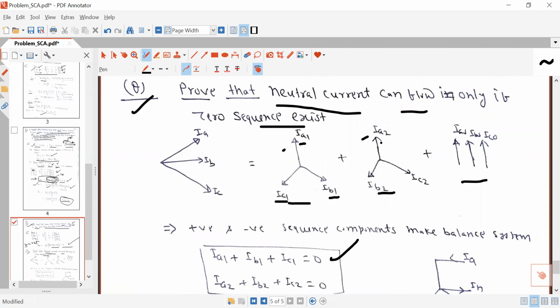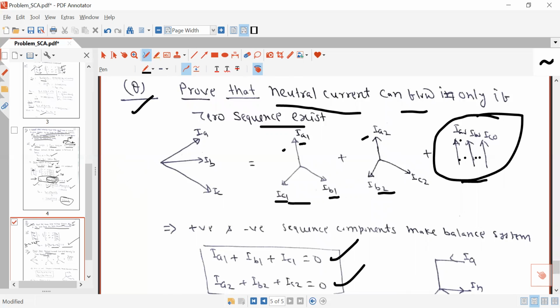If you add the negative sequence currents, the sum will also be 0 because this is also a balanced system. But when you add the three zero sequence currents, the angle between the phasors is not 120 degrees. These three phasors are in the same direction, so vector addition and scalar addition will be the same.